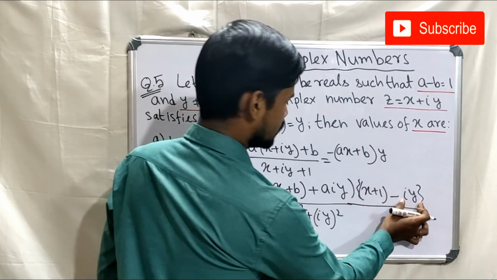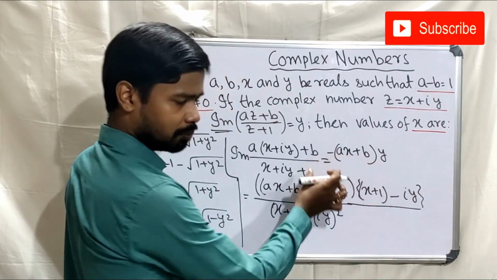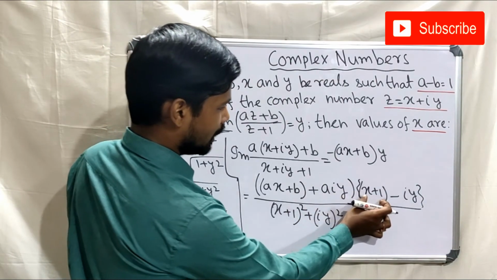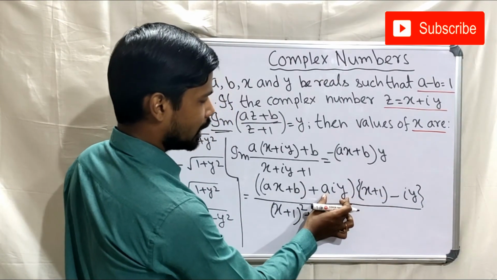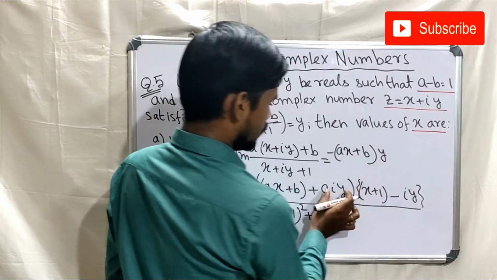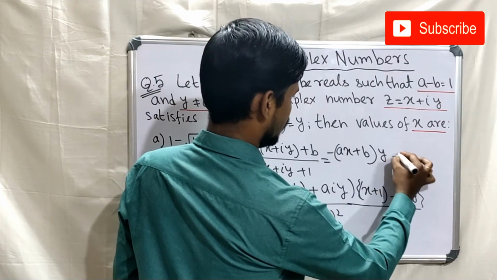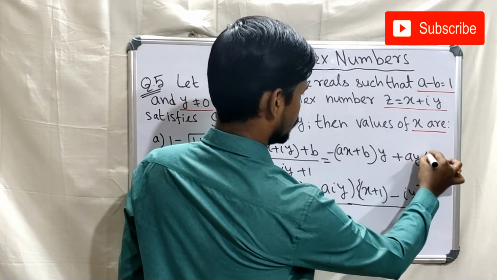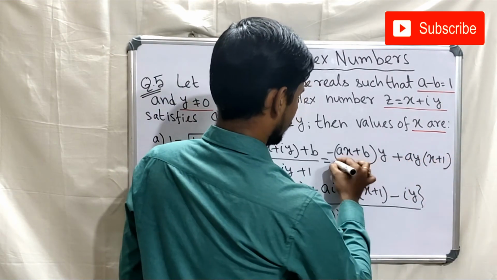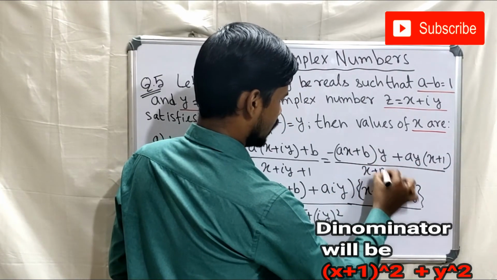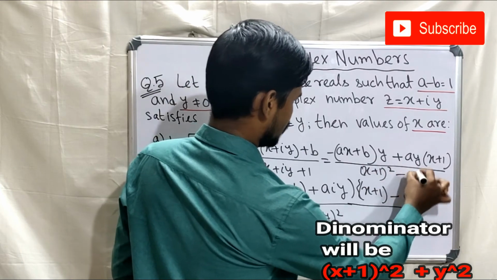We get another imaginary part if we multiply x plus 1 into aiy, so another imaginary part will be ay into (x plus 1), divided by the denominator (x plus 1) whole square minus y square.